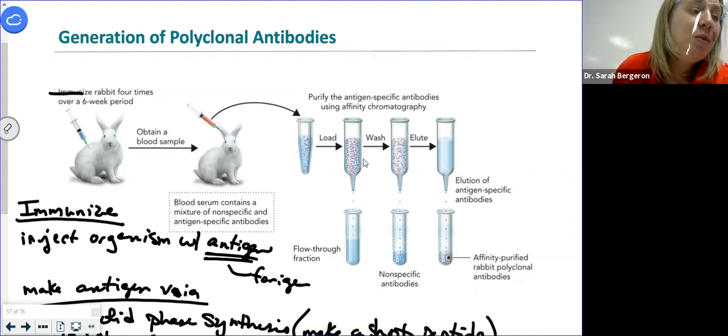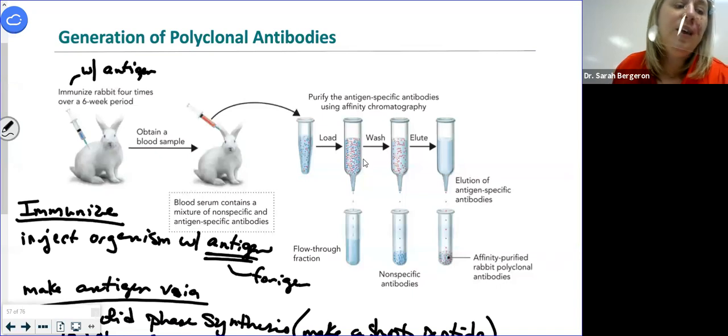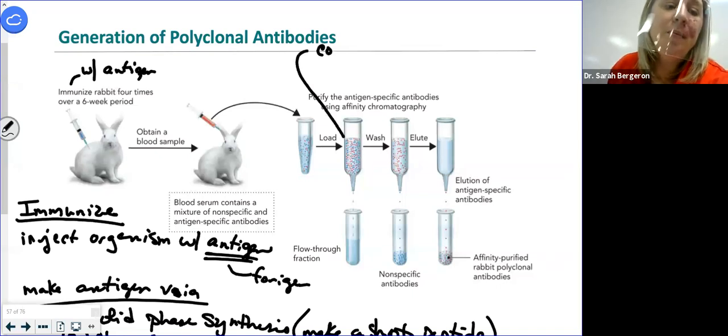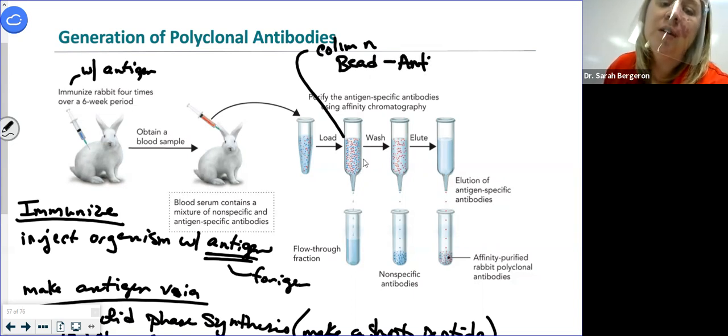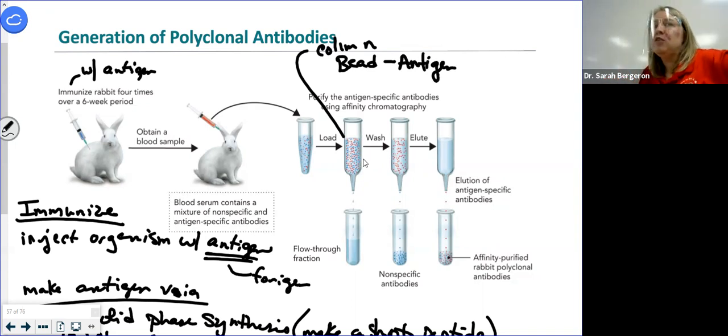We immunized the rabbit with the antigen, and then after I collect the blood, here in my column, I have a bead, not a bed, a bead, that's attached to the antigen. So which antibodies should I catch?